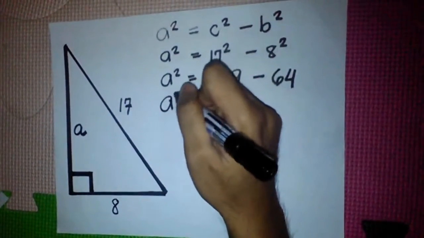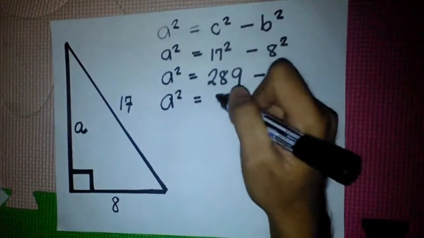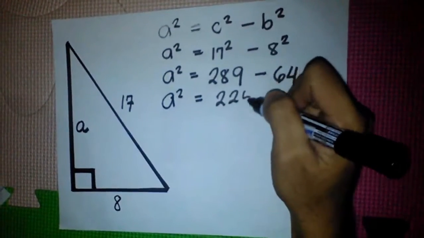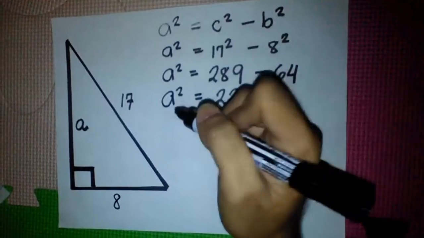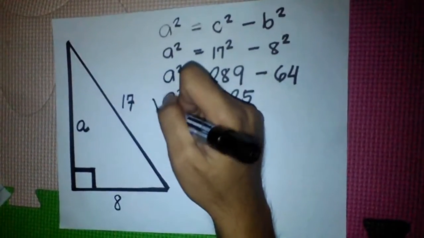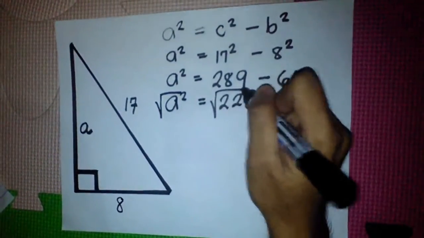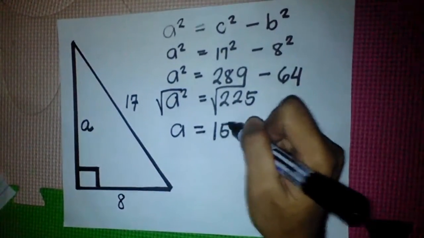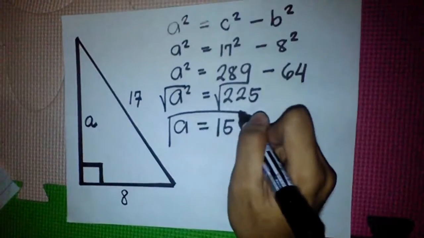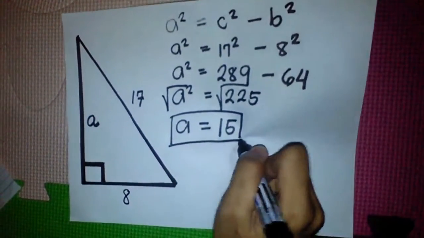Again, we have a squared equals 225. Extracting the square root of both sides, we get a equals 15. So the side a measures 15 units.